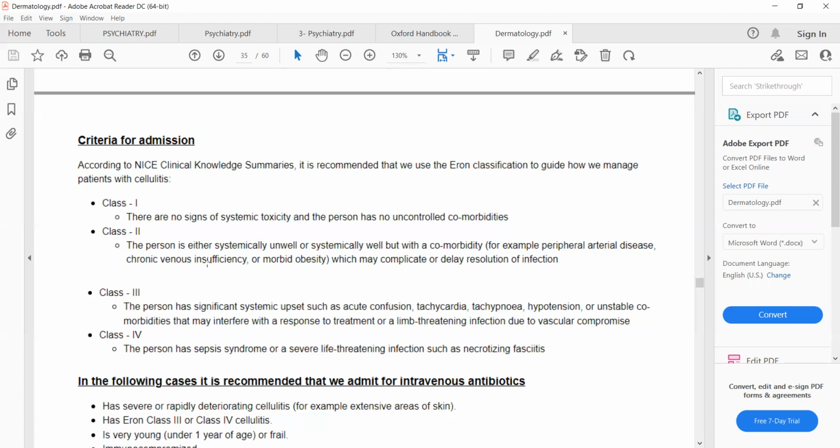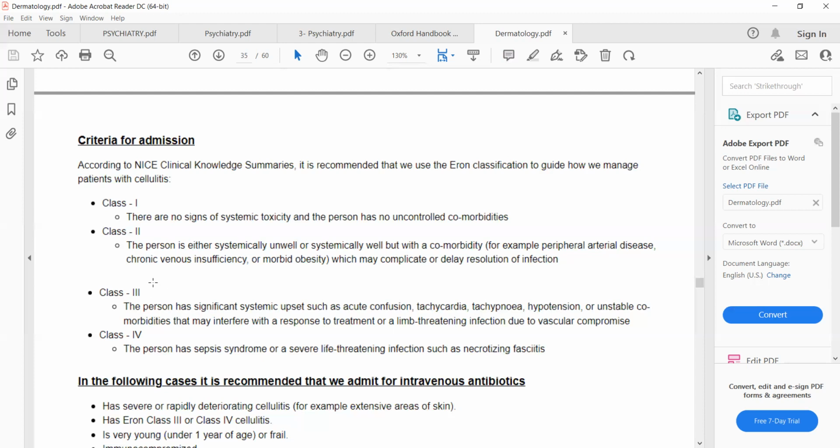Class 2 includes the person who is either systemically unwell, or systemically well but with comorbidities such as chronic venous insufficiency, morbid obesity, and peripheral arterial disease. So if either one of them is present, then we will call it class 2.